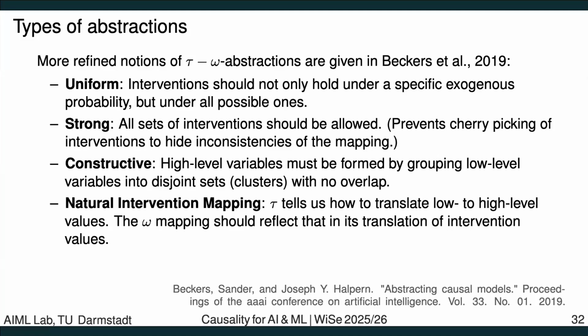And some people argued, well, these distributions of exogenous variables might be chosen in a way that maybe some effects cancel out so that our tau abstraction still seems to make sense. But if maybe we change things, we have some other distributions, maybe our causal model becomes inconsistent. So they required these abstractions to hold uniformly, under any possible exogenous distribution.